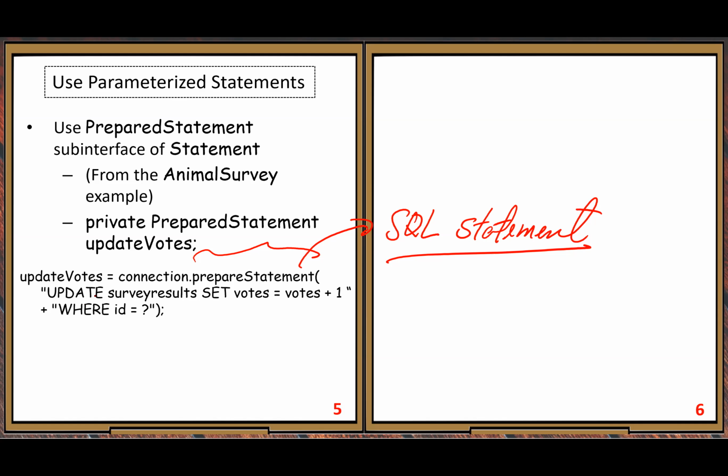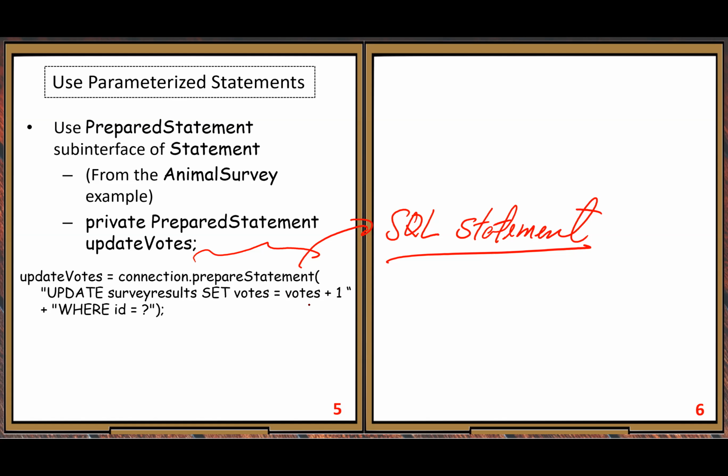UPDATE, the SQL command. SurveyResults, the table name. We have one table called SurveyResults. SET, a keyword in SQL. votes, another field called votes, equals votes plus 1. You update using this formula.